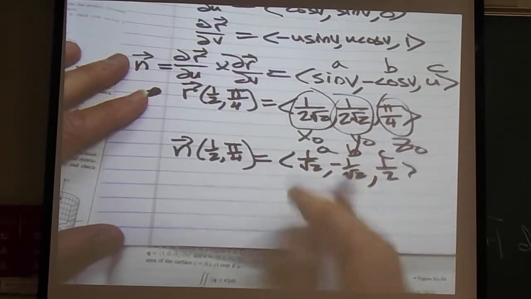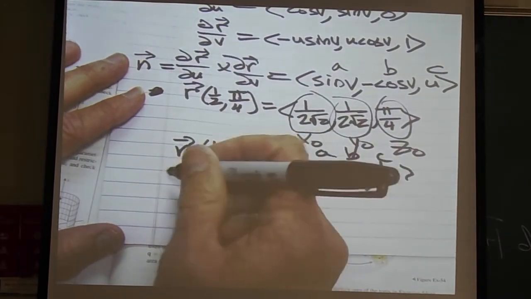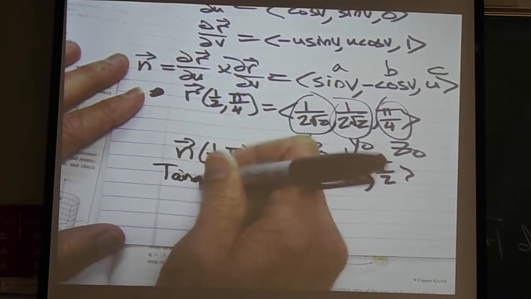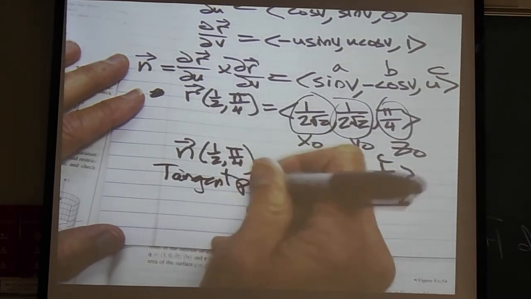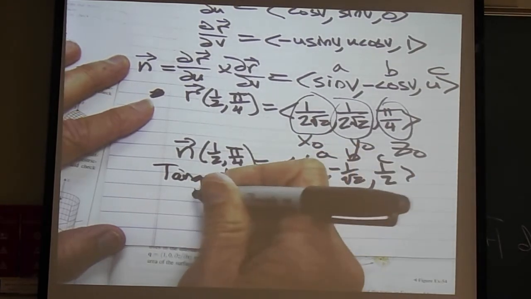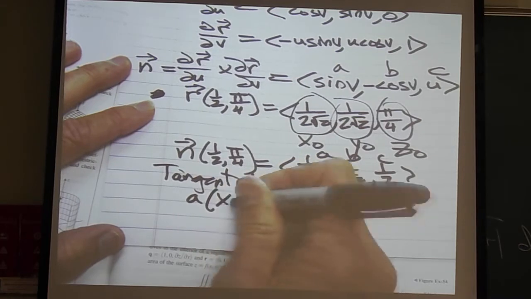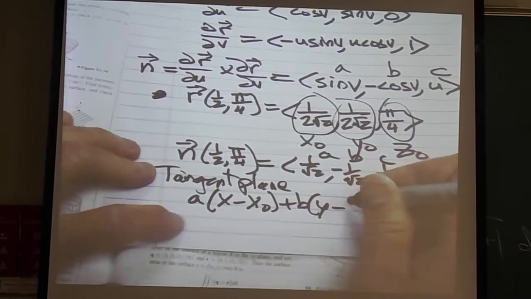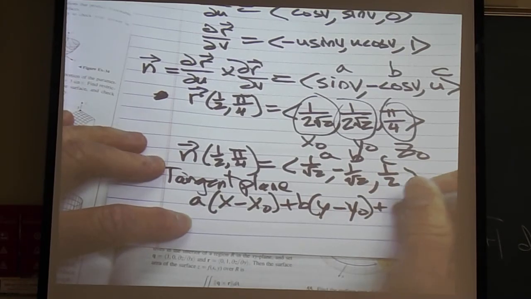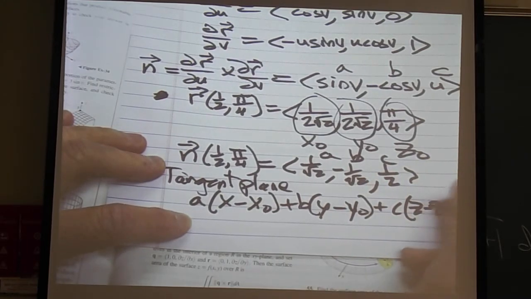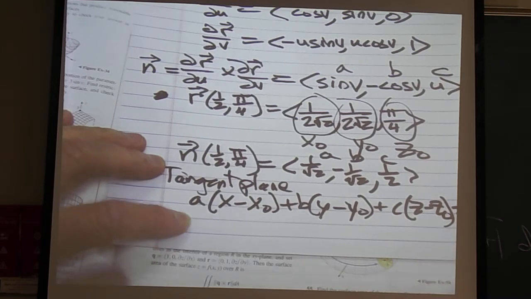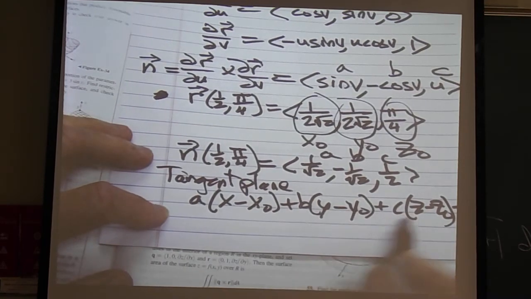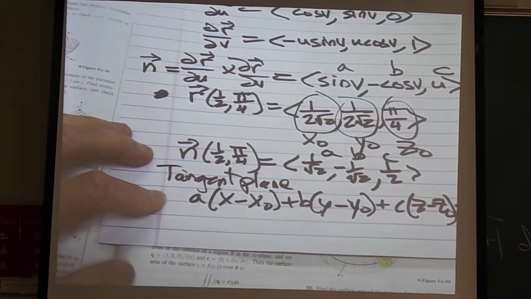Now you say the tangent plane is simply, by the point normal form, a times x minus x0 plus b times y minus y0 plus c times z minus z0 equals 0. When you're given a point and a normal, you just plug the numbers in and you get this.